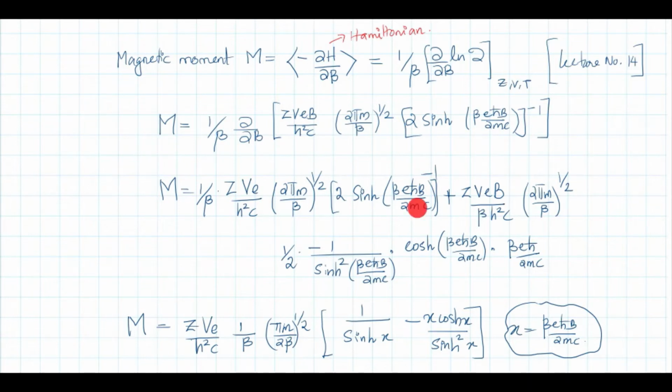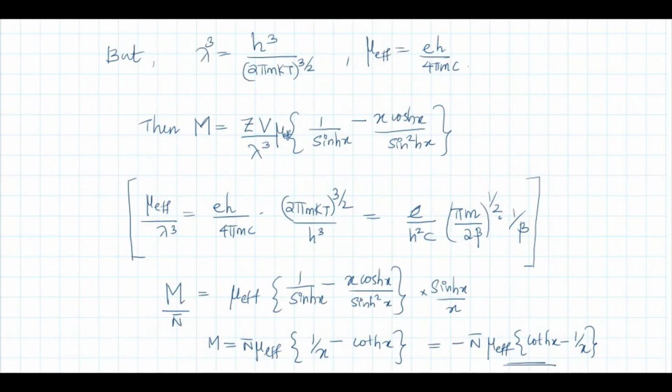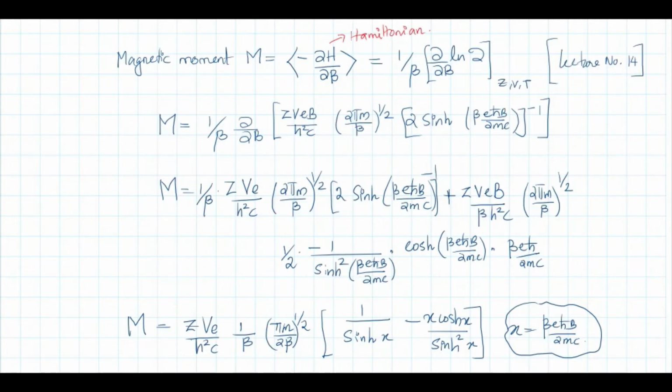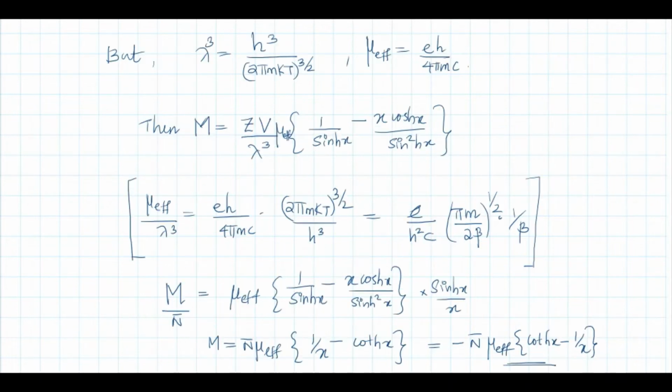Then in the first term you will have 1 by sinh x, and in the second term you will get minus x cosh x by sinh square x, where x is beta e h cut b by 2mc. So you can write the magnetic moment like this, but you can replace this entire term outside the bracket by mu effective by lambda cube.